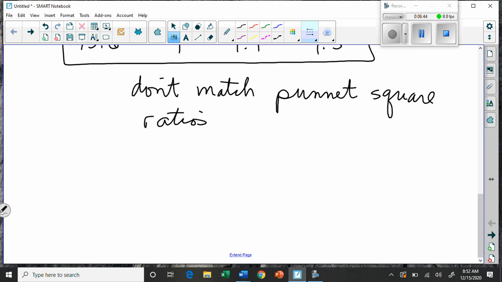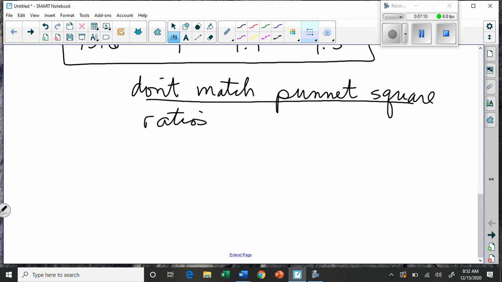That's something we'll leave to your studies later on in genetics. But all we need to know is that if you end up getting ratios that don't match the Punnett squares, so when you cross these animals or plants, if the offspring don't match what you would predict by drawing the Punnett square, you can tell that the genes might be linked, so they're on the same chromosome. And that's really the only issue.